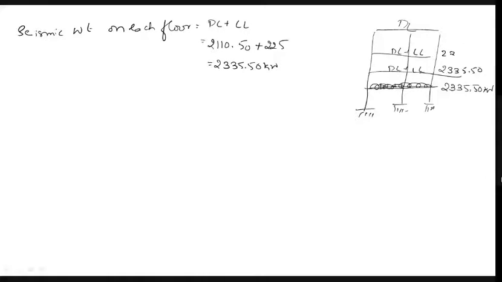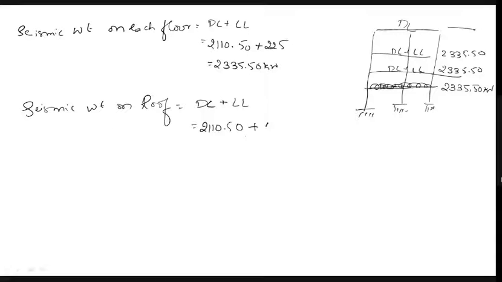Here also same, but on roof, therefore, seismic weight on roof equals dead load plus live load. Live load we will take 0. Sorry, 1 second. This is not the dead load. Dead load, how much have we calculated?